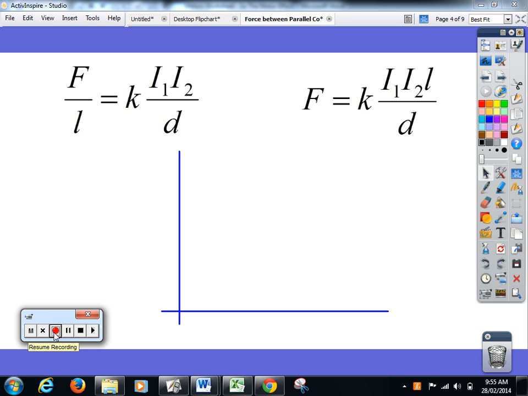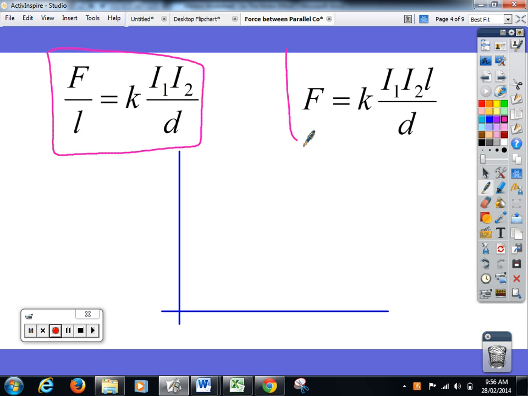Now that we understand that there exists a force between two wires travelling in a parallel direction, we can then nut out the actual formula. But I'm not going to go through the proportionality statements to get this formula. We're just going to give it to you. So here is the one that's actually on the HSC formula sheet.